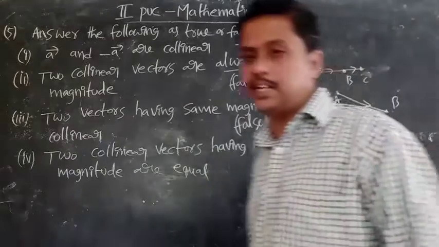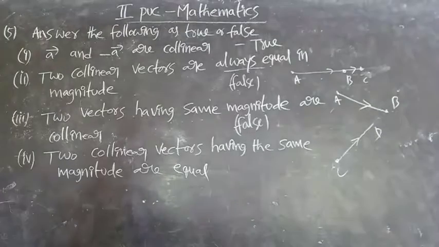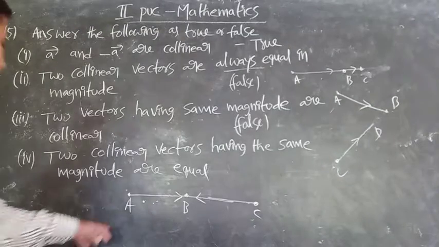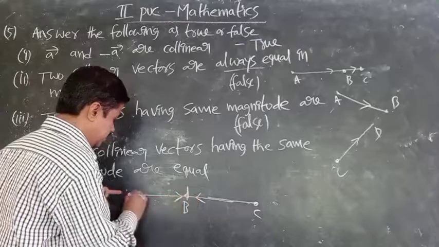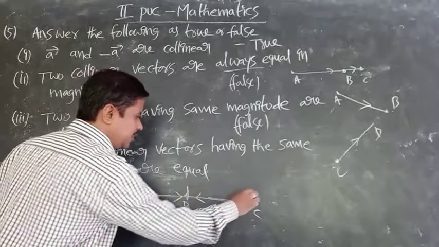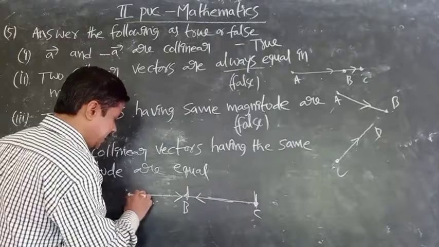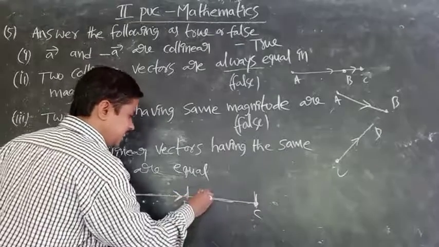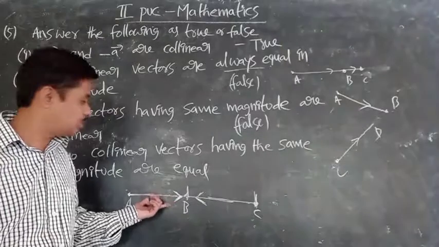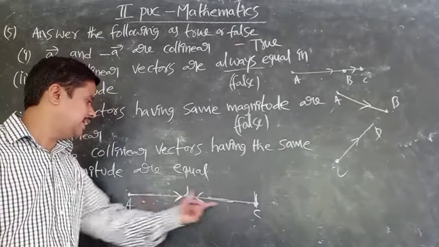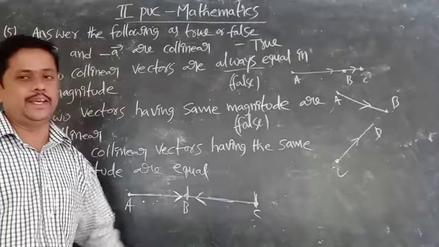So once again I will tell an example for that. See, here we take AB, and from here another one, BC. The direction of AB is like this, the direction of BC is like this. These are parallel to the same line, so AB vector and BC vector are collinear vectors.